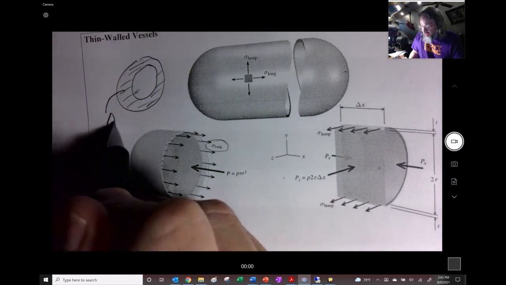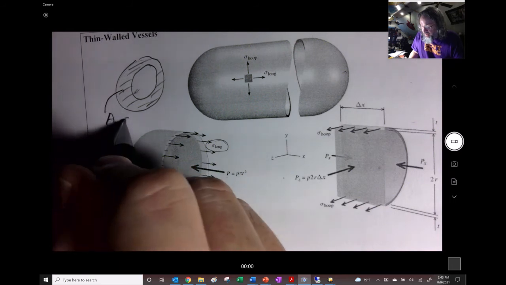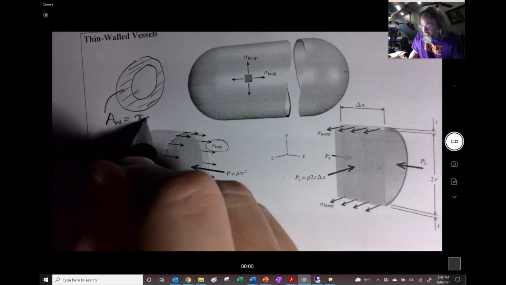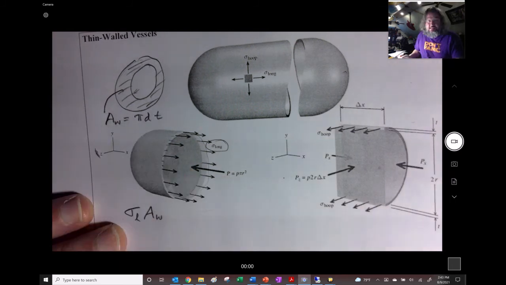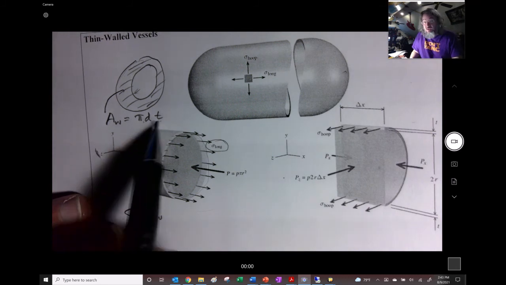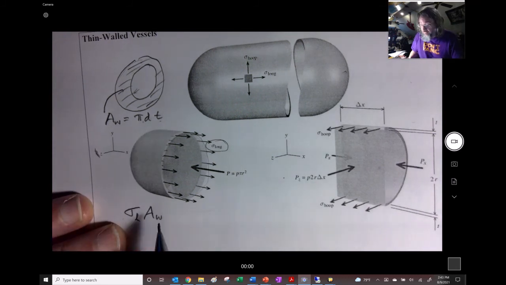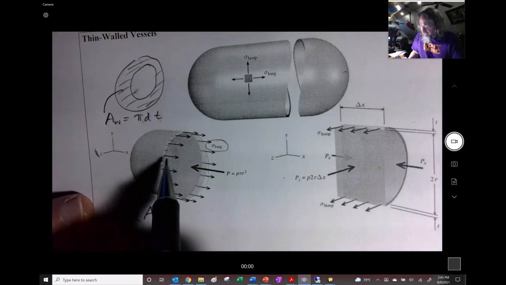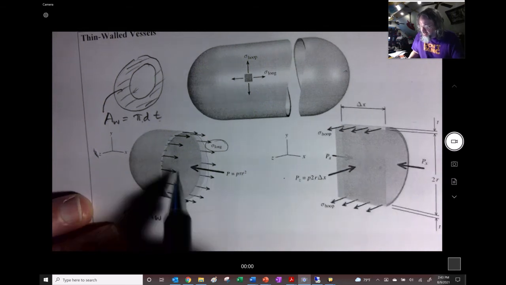Let's call that the area of the wall. And remember, I said it was going to be pi d times t, circumference times thickness.